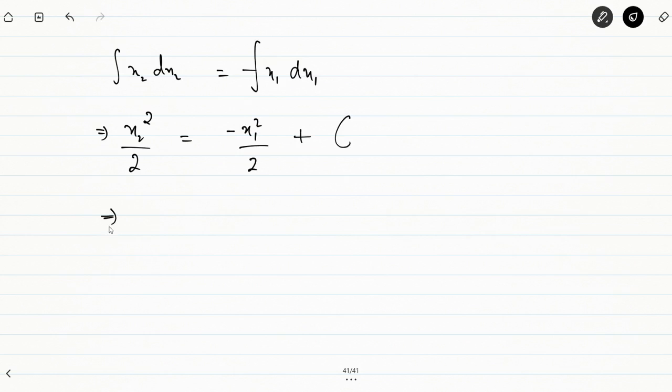Fine. So x2 square plus x1 square, divided by 2 if we eliminate it along with c, is equal to c.